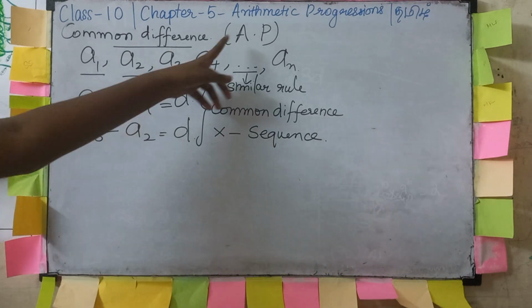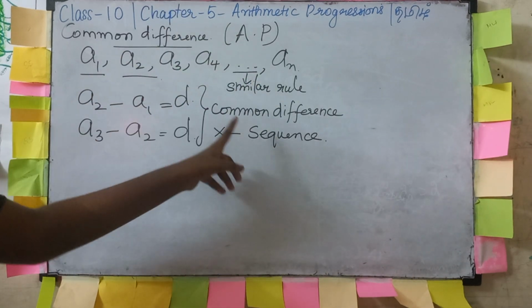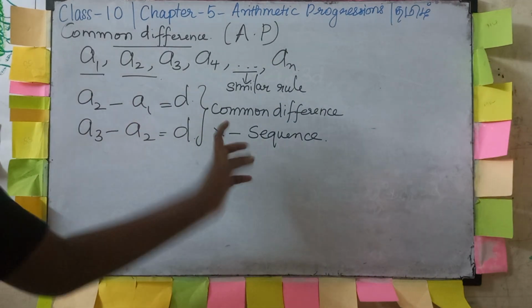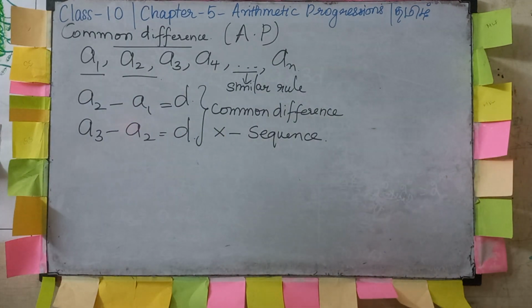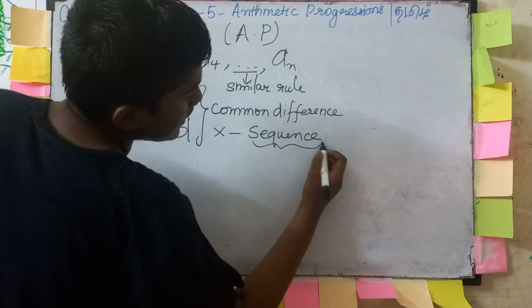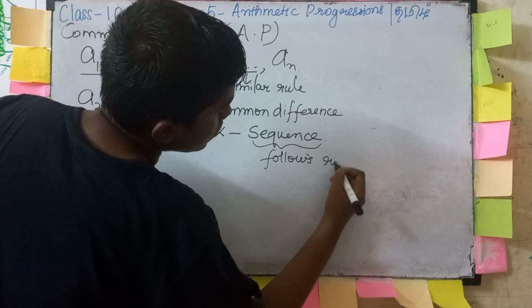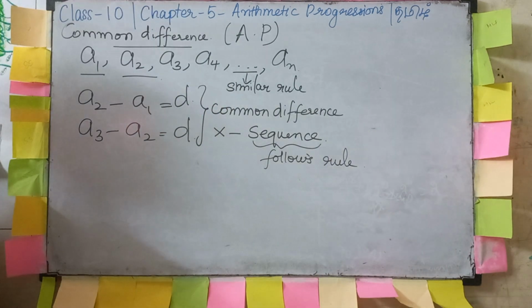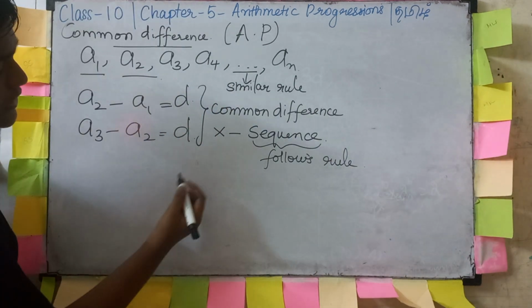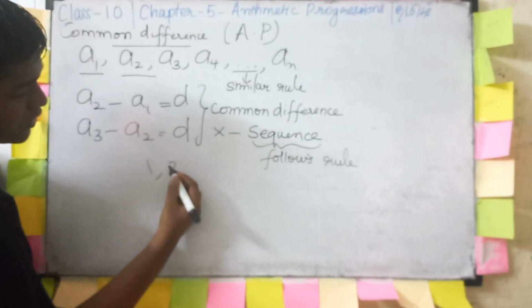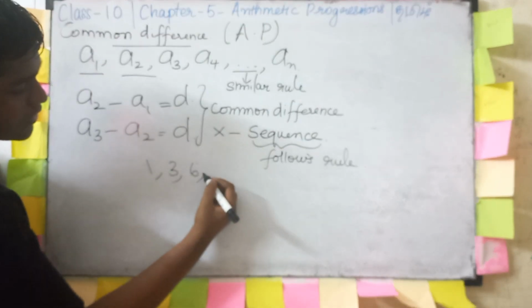But here AP, arithmetic progression, means it has a common difference. If there is no common difference, you should call it a sequence, because a sequence follows a simple rule. Example for a sequence: 1, 3, 6, 10.